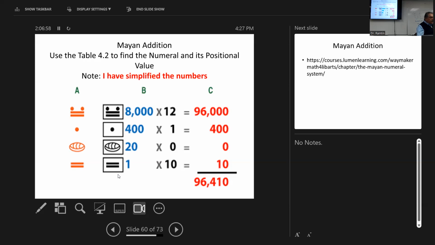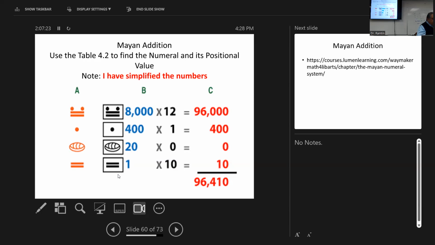If you look at the textbook, look at example number 5 at the bottom of page 198, using the Mayan numerical system and number A. Remember, start from the bottom and go up. So you have 2 bars and 2 dots.